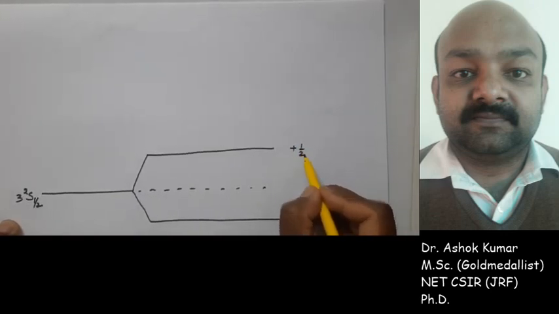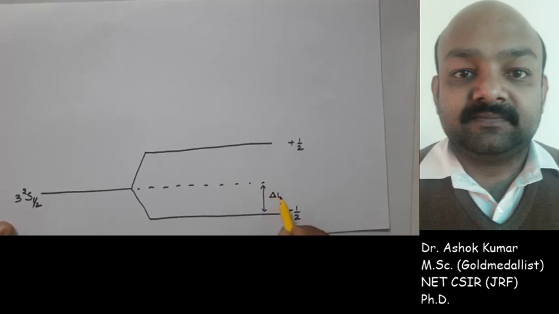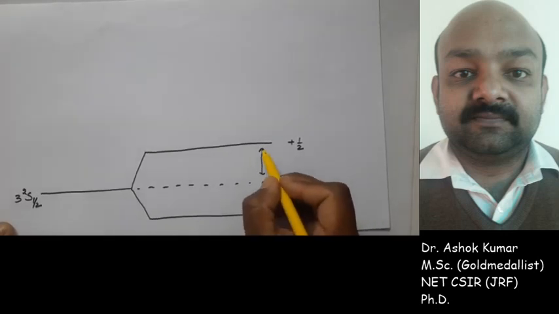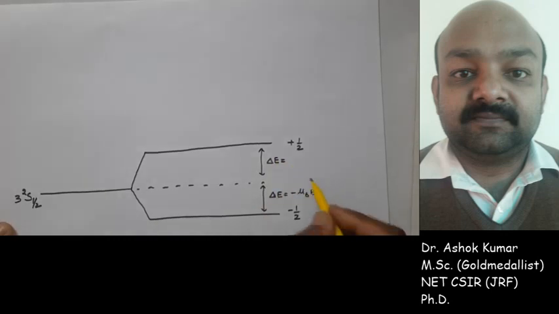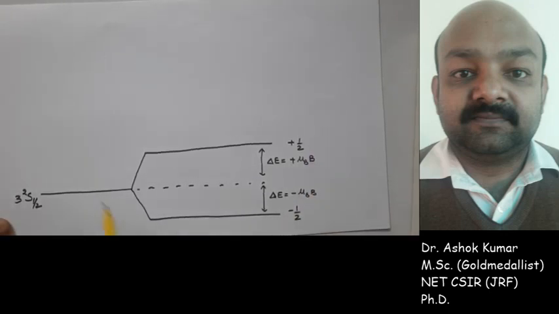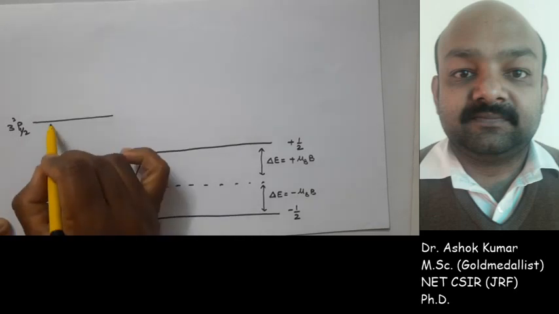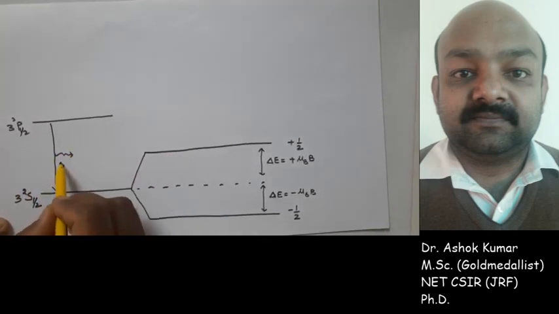With mj values plus 1/2 and minus 1/2, the mj value minus half has energy delta E less than the traditional energy level, which is equal to minus mu B B, and the other has delta E plus mu B B. The second energy level is 3 2P 1/2, and this transition gives us the 5896 angstrom D1 line.